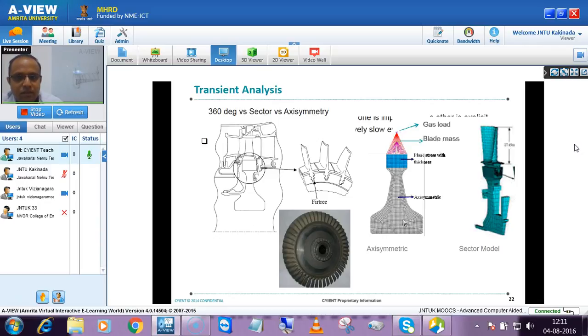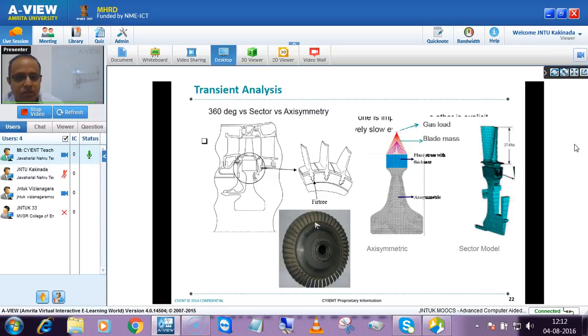Here the question comes whether we need to solve this, we need to take a 360 model, a simpler model, or a simple cross section. Again, it depends upon the type of analysis you want.